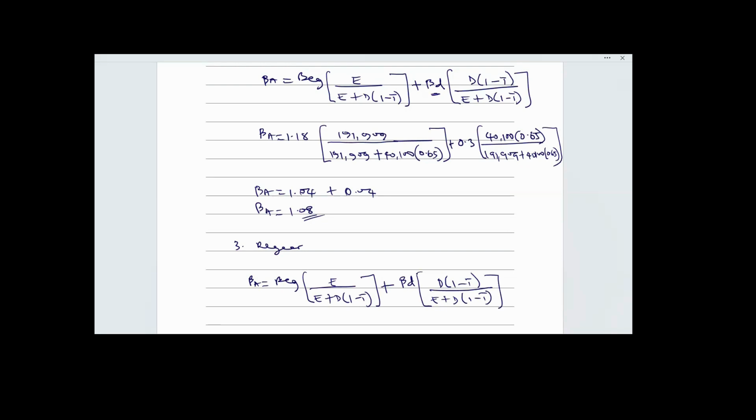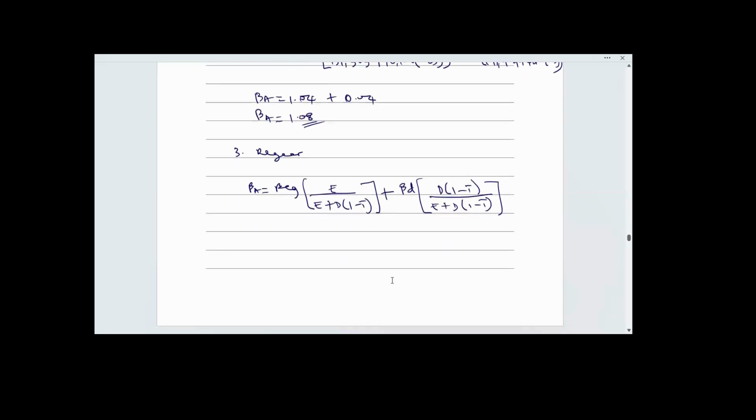So you have to watch out here: even though you are using the same formula, we are going to use different variables, because in step 3 you are supposed to use the information of the main company.